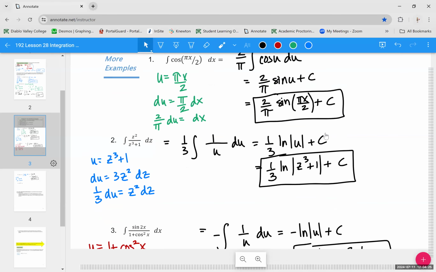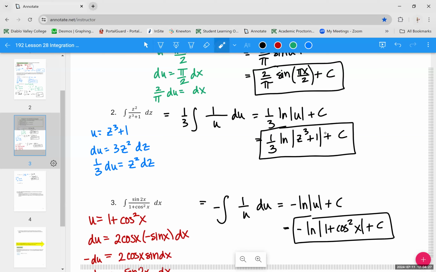Let's look at the next one. Now, in this case, I don't necessarily have something to a power or something inside of a sine or a cosine, but I do have that the top is a derivative of the bottom, or a constant multiple of the derivative of the bottom.